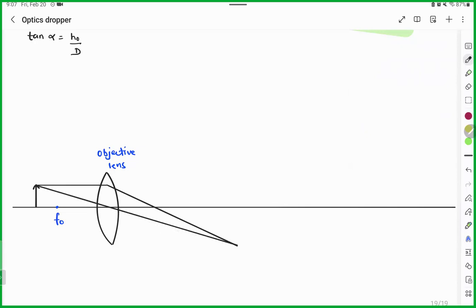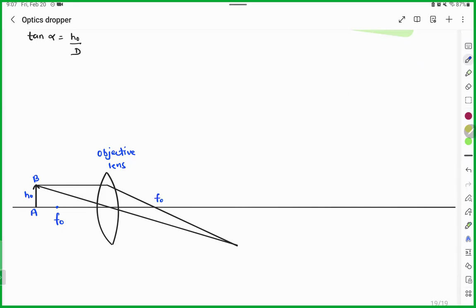So this is a real object AB, and the height is h naught. Here Fo means the focal length of the objective lens.